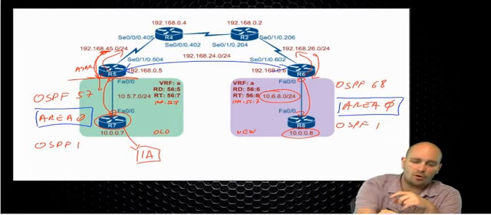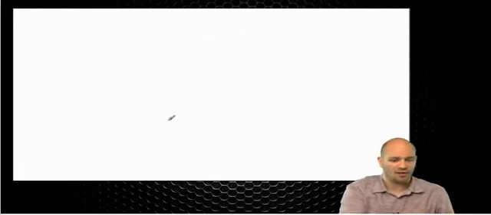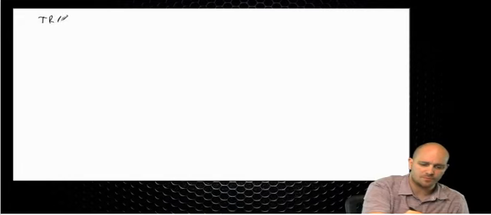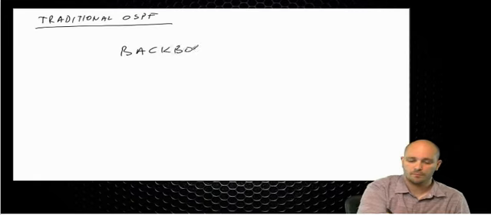When you are dealing with OSPF in MPLS VPNs, there is one more level of hierarchy. In traditional OSPF, what we have is the hierarchy where you have the backbone area, and all other areas must connect to the backbone.